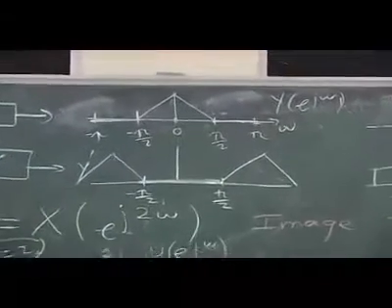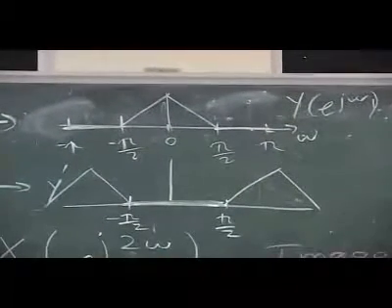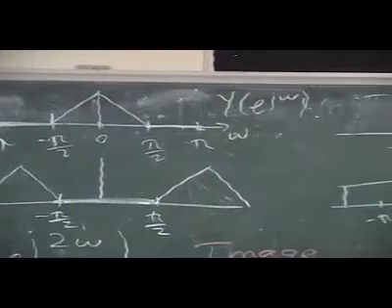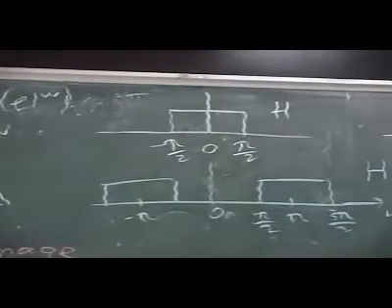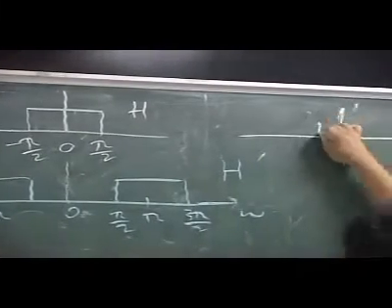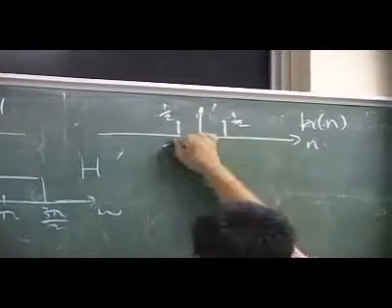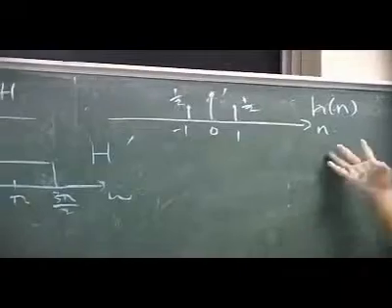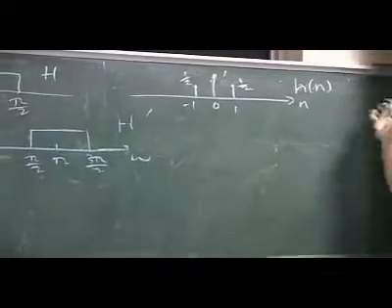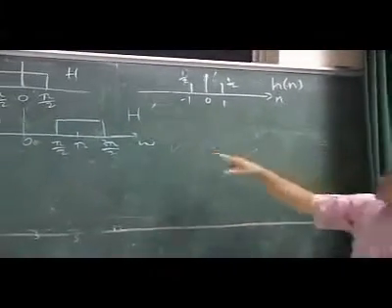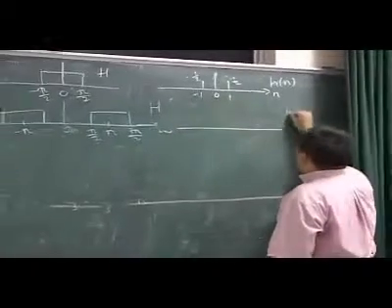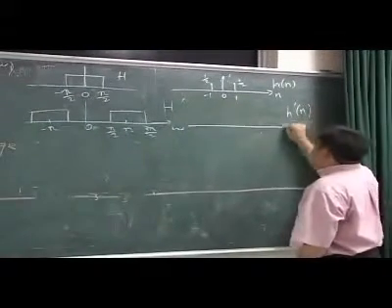Right? So here, let's say H of n is 1/2, minus 1/2. Right? That's the example we have. Okay, and so on. How do I find a half band high pass filter?